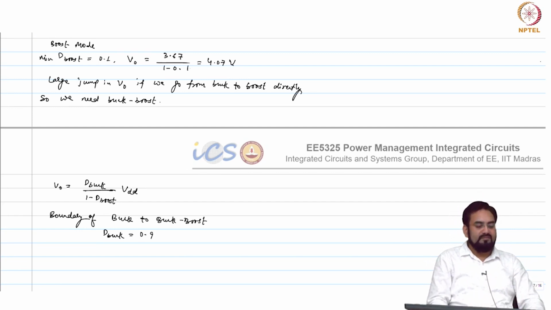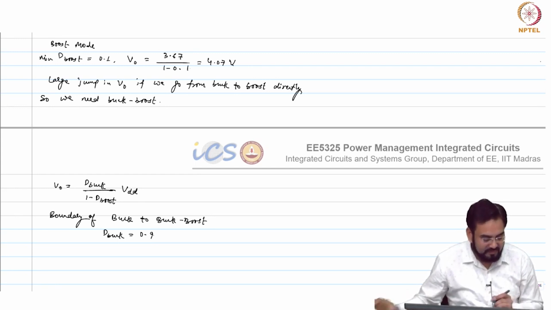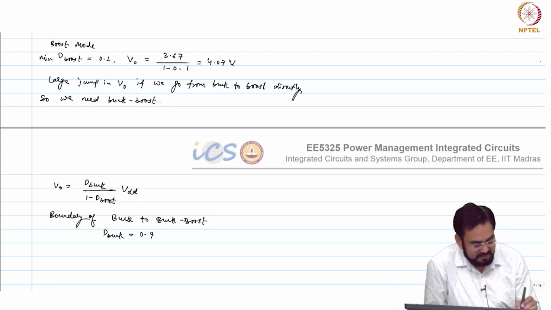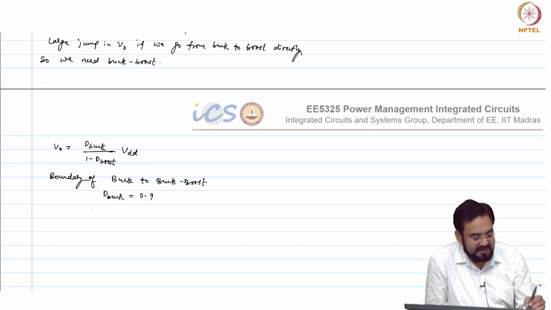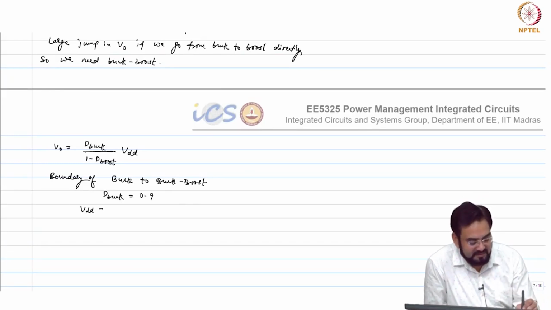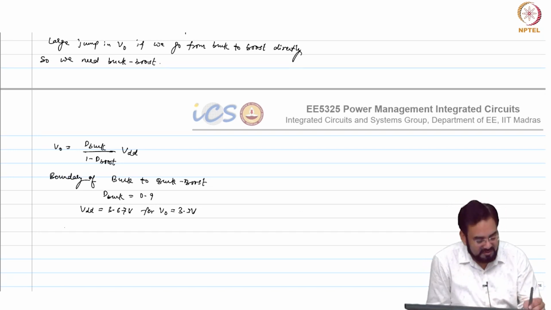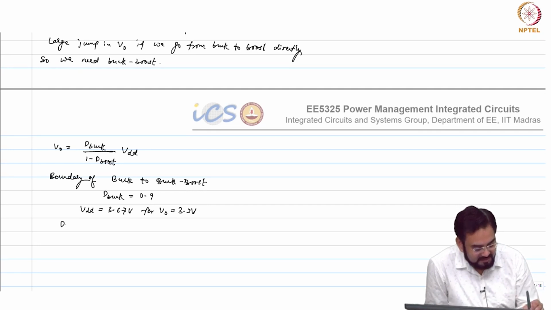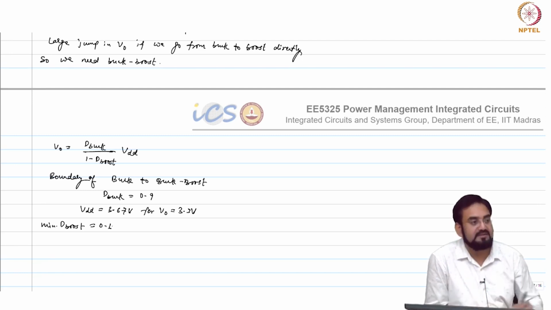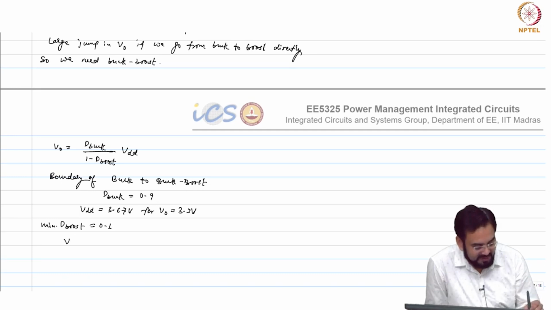Okay. And we already calculated what was the VDD? 3.67 volt for Vout equal to 3.3 volt. So when you enter buck boost mode, what will be the Dboost? Is 0.1? Correct.